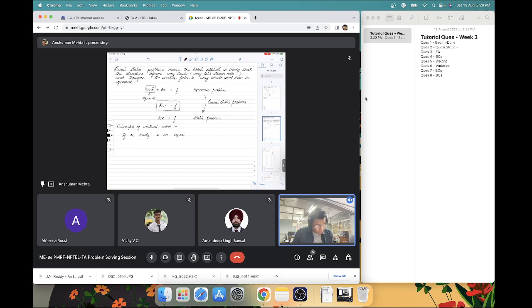So the notion of equilibrium changes when it's dynamic and when it's static. Static has only one equilibrium, but dynamic could have multiple equilibria. So what quasi-static does is try to take each and every instant as an equilibrium.